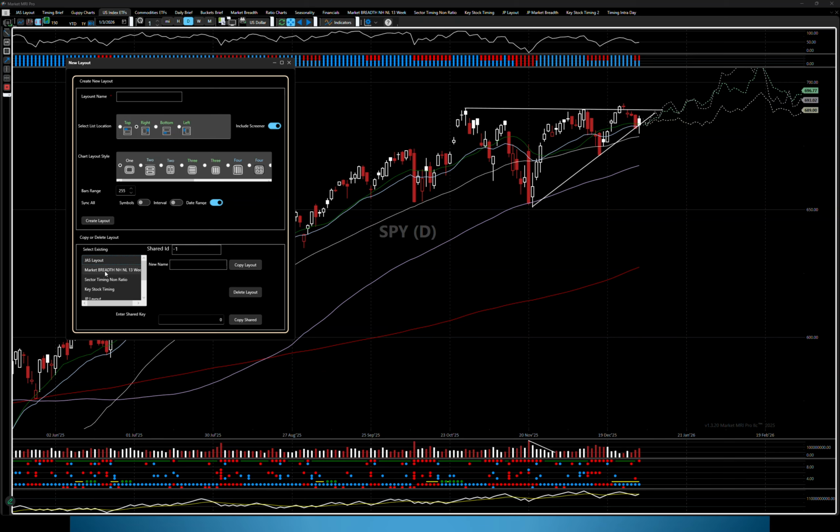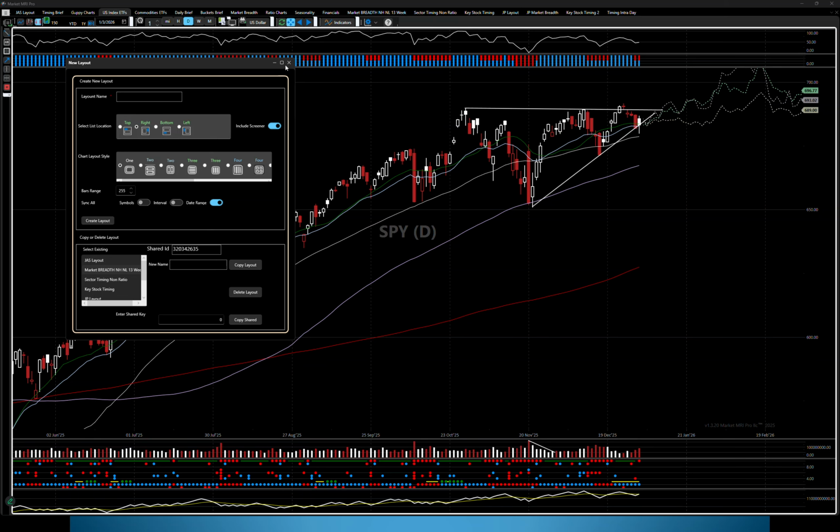The cool thing is I pick what layout to share, and all you would have to do is take that number from me and stick it in here. If you don't have my new market breadth with the 13-week, all you've got to do is take that number that I just put in the chat, copy it, go into hamburger menu, settings.